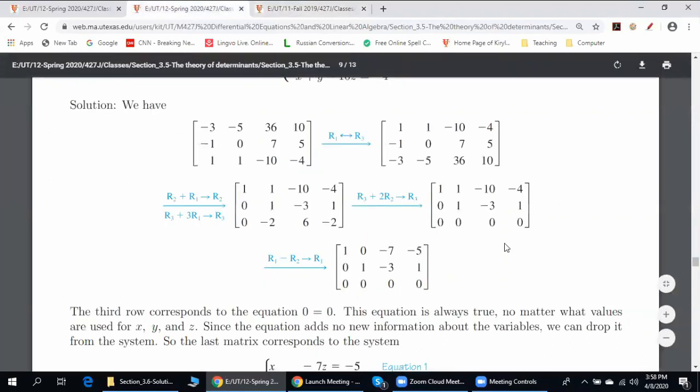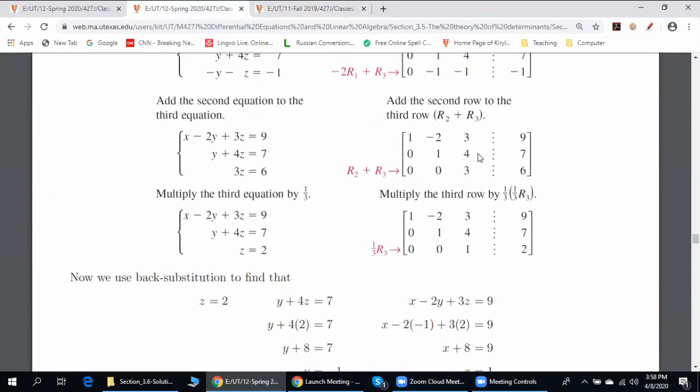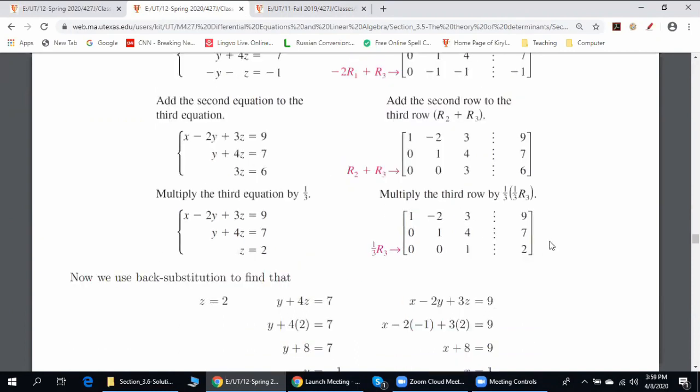For example, going back to this, observe that this is not an echelon form. We have black square, black square, black square. We have two black squares in one column. This is not allowed. This is echelon form.